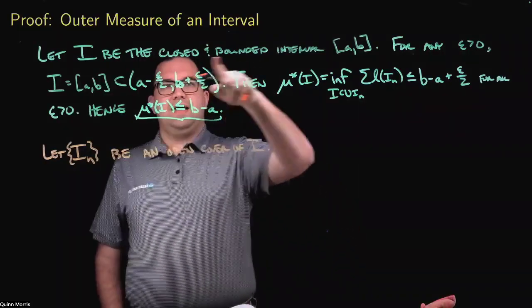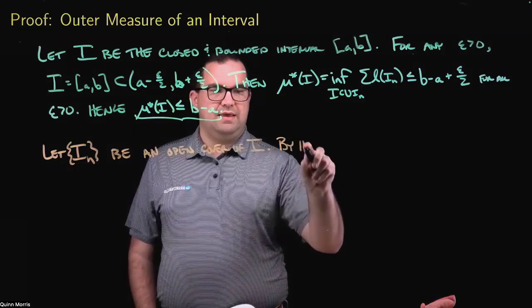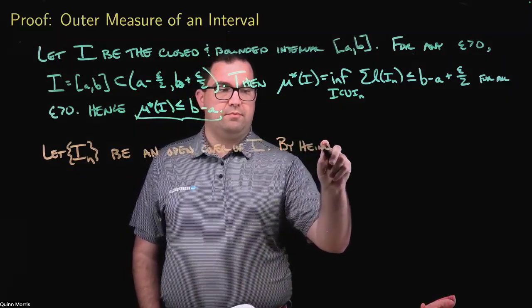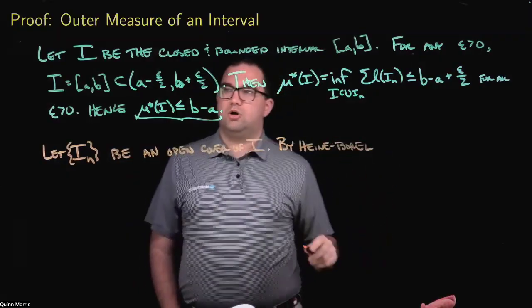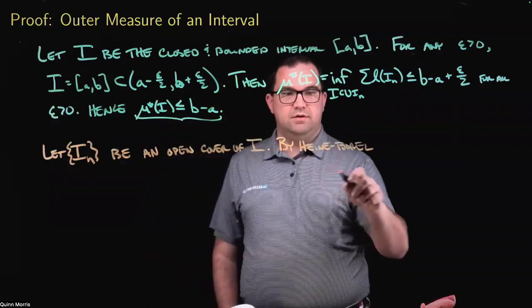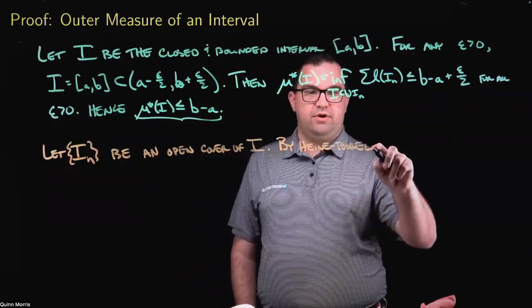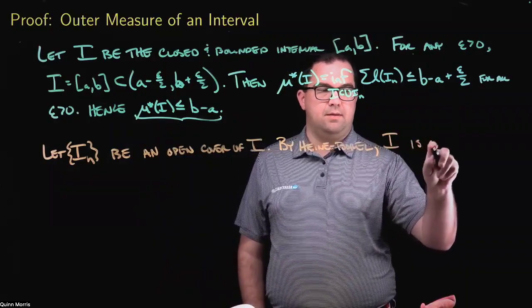Now, recall that I is a closed and bounded interval. By the Heine-Borel theorem, remember the Heine-Borel theorem says what? It says that closed and bounded subsets of R^n are compact. So by the Heine-Borel theorem, the interval I is compact.